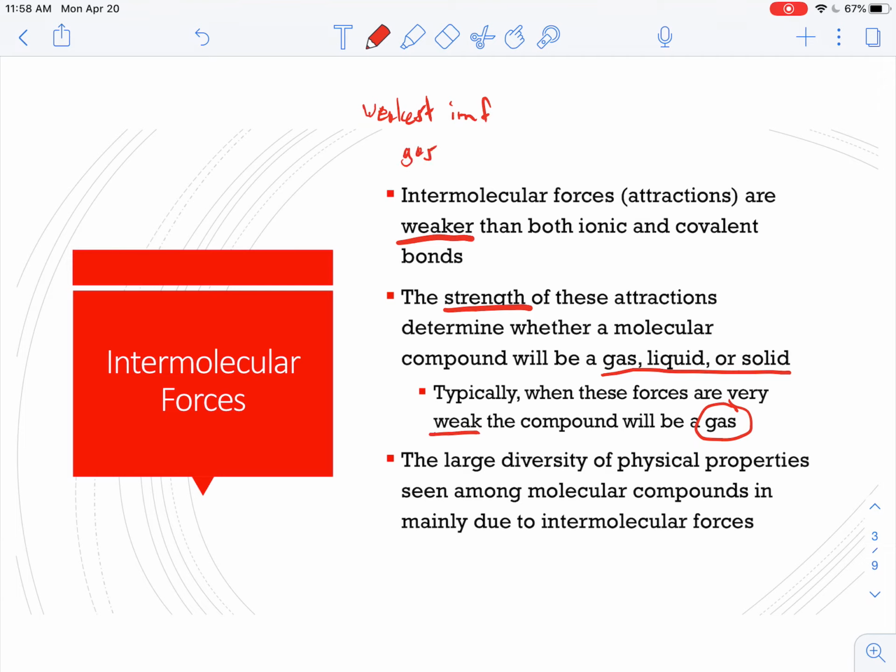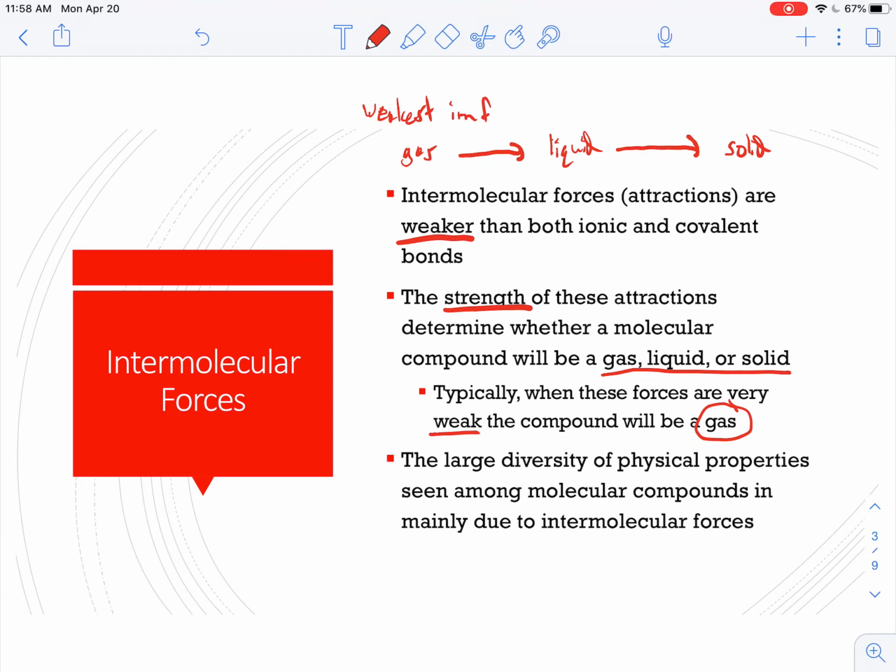As those intermolecular forces get stronger and stronger, we go from gas, and we might create a liquid molecule instead, such as water, or eventually we might have a solid molecule, such as a diamond, which is made out of carbon molecules.